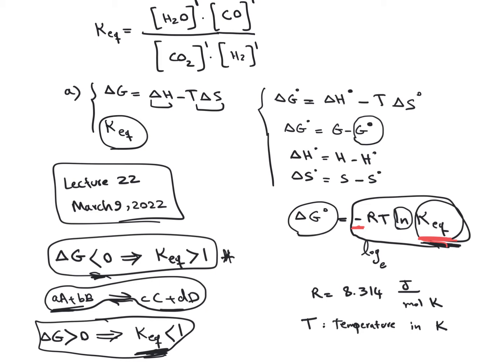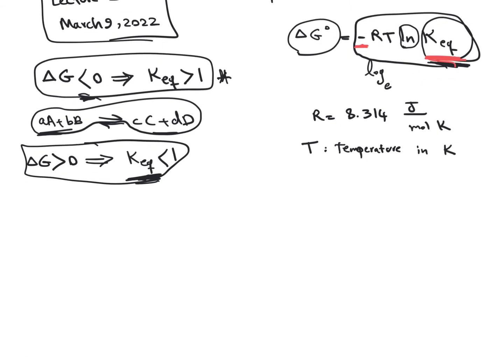So going back to the problem that I asked you, does this reaction proceed to the right or left? Explain. You only need to look at the equilibrium constant. 0.9 multiplied by 10 to the power of minus 3 is less than 1. So if the equilibrium constant is less than 1, it means that delta G is greater than 0.